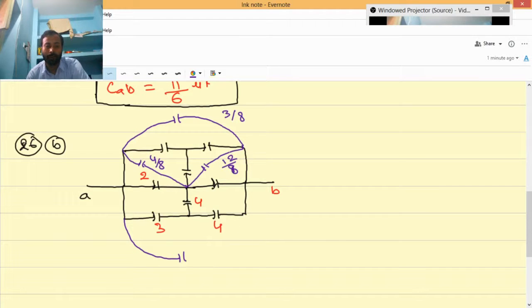So we have to evaluate this equivalent. So this equivalent will be in terms of pi. So this is 3 into 4, so that is 12 upon 3 plus 4, 7 plus 4, 11. So this is 12 upon 11 will be there. So let me check whether the values are correct or not.